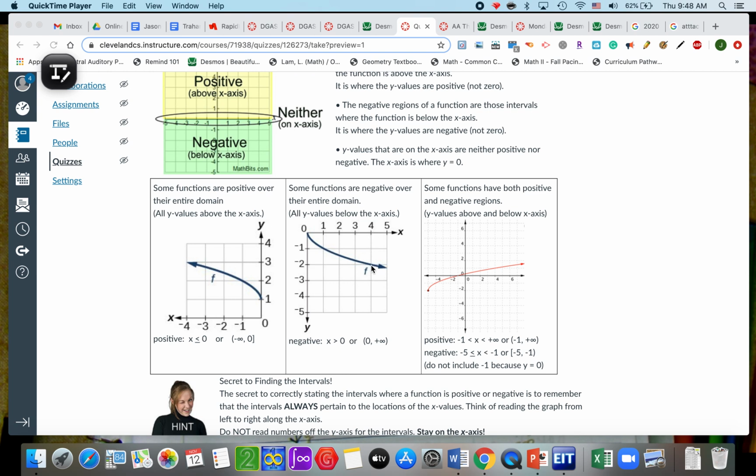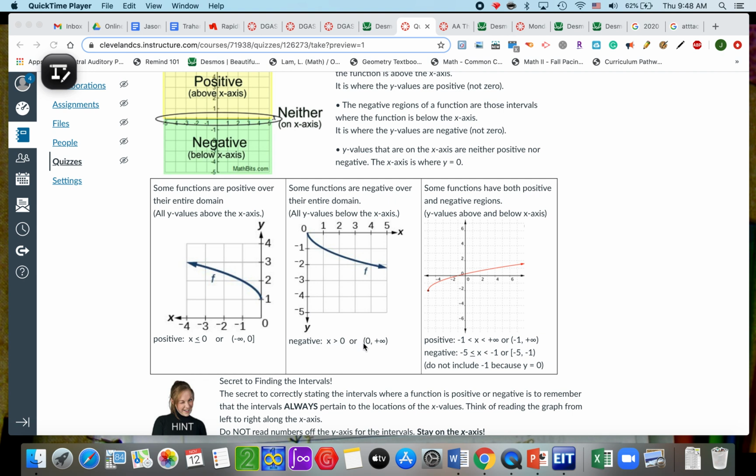All right, so how do we write that? Once again, inequality notation, we're saying all values of x that are greater than 0. We can't include the 0 because the value of y right there is actually 0. It's right there on the line, so you can't include anything on the x-axis. And then in interval notation, the smallest number, a part of our domain, is 0.